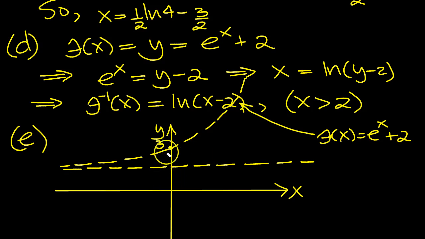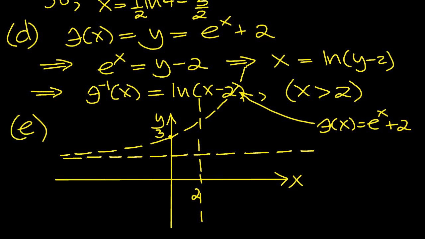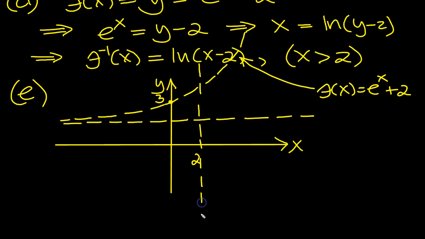Okay, good. Now we want to draw the inverse function, which is ln of x minus 2 for x bigger than 2. So here's the value 2. So let's draw that in as a vertical asymptote here. And I'm now going to draw the log function. So we just draw the log function shifted over 2 units, isn't it? So it'll be coming up here and turning like so.